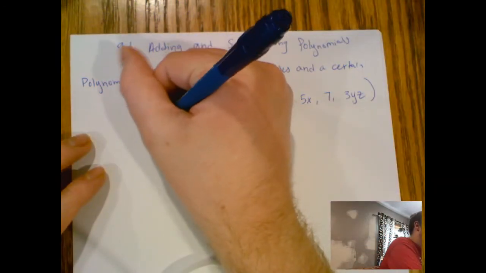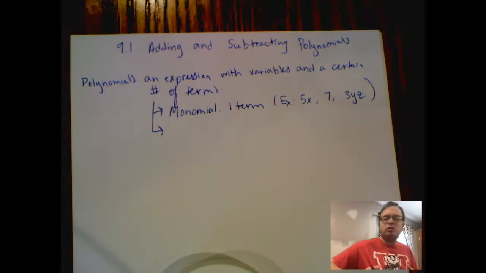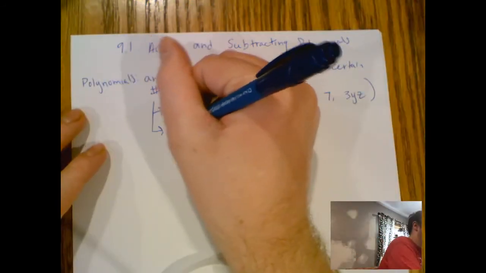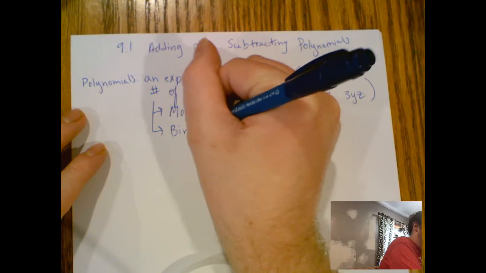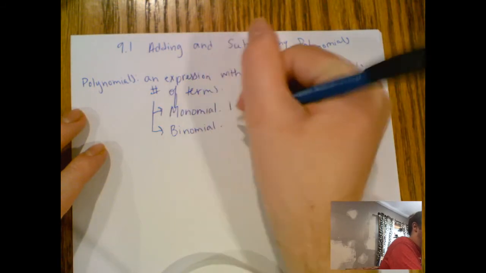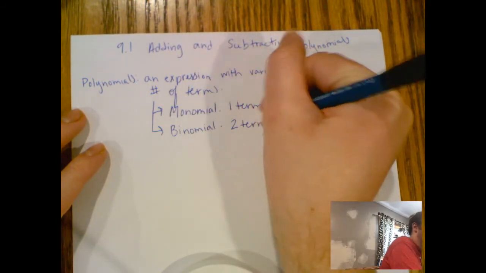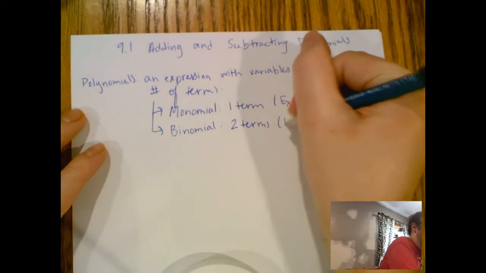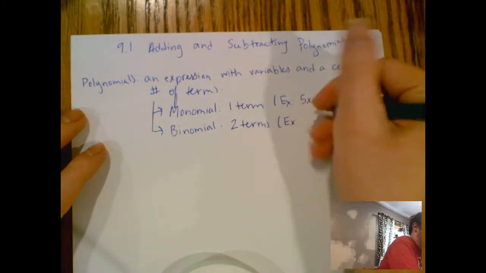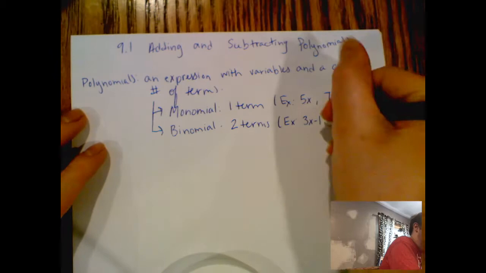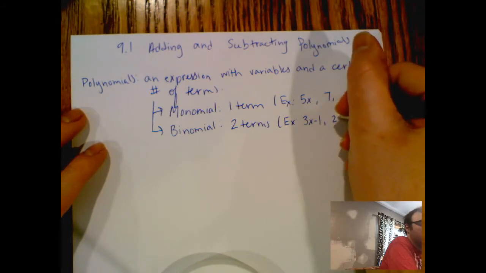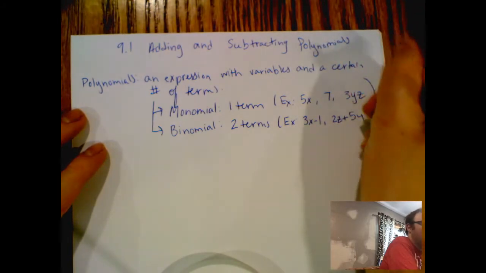Whereas when we start adding more and more terms, we get a different name and things become a little bit clearer as to what a polynomial is. If we don't have a monomial, we have a binomial. That is two terms. An example would be 3x minus 1, or 2z plus 5y.